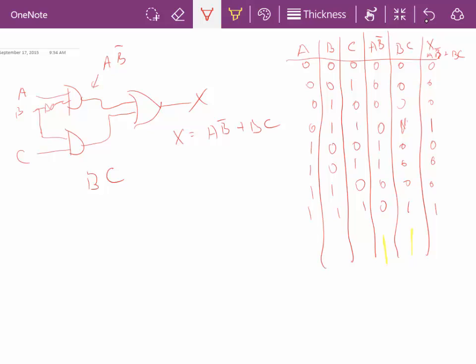We went through the basic gates: AND, OR, NOT, and XOR. And we've gone through how we develop the equation from the circuit, how we go from a circuit to an equation, and how to generate what's called the truth table.